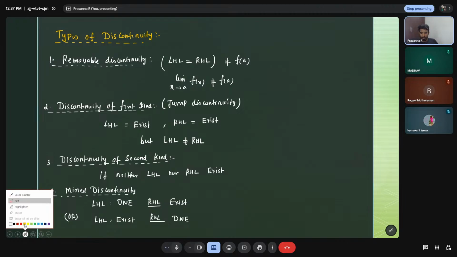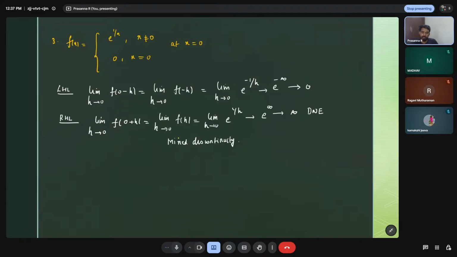Actually, in the book they have given this as discontinuity of second kind from the right, as the answer. Because your RHL does not exist, but LHL exists. If LHL exists and RHL does not exist, it is discontinuity of second kind from the left, which is the same as mixed discontinuity.